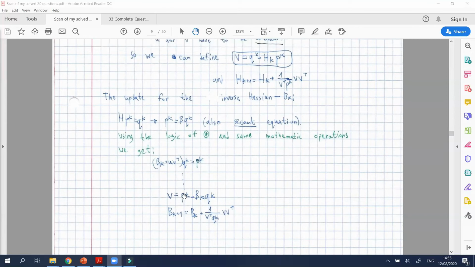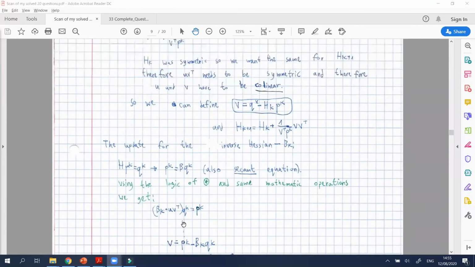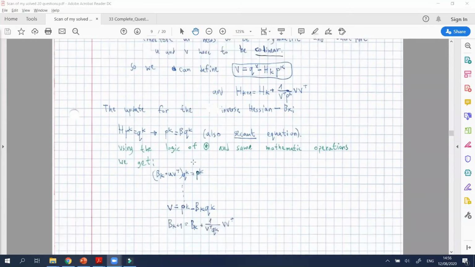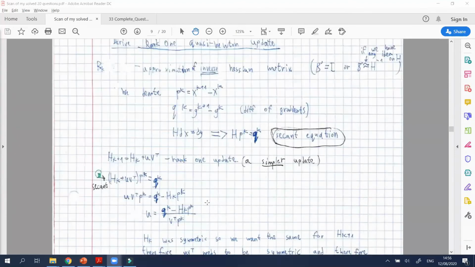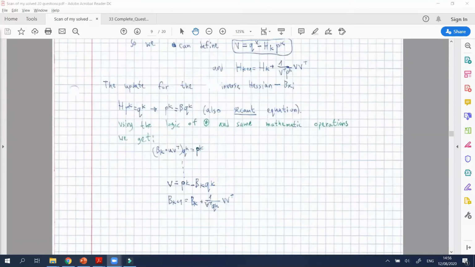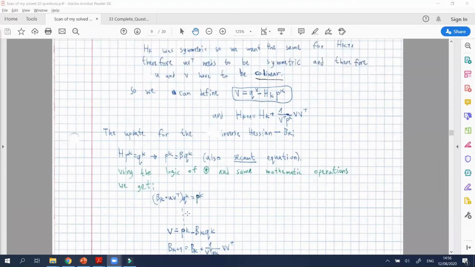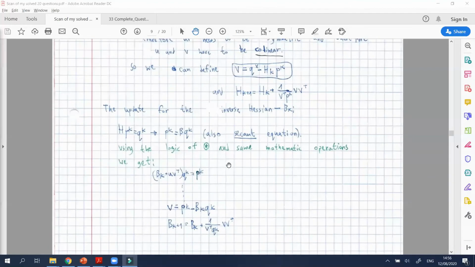And V is obviously P here instead of Q. It's pretty obvious. And by achieving this, we can iterate and get the right direction each time and the correct inversion. And with this, we can conclude the Quasi-Newton method for updates.